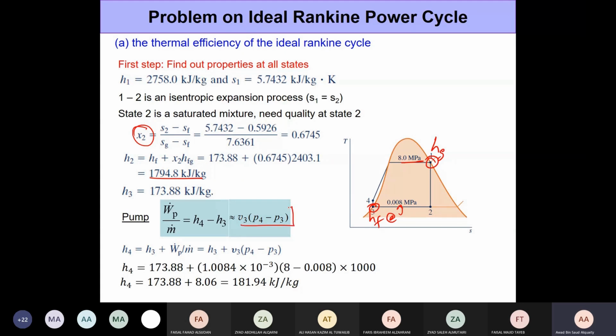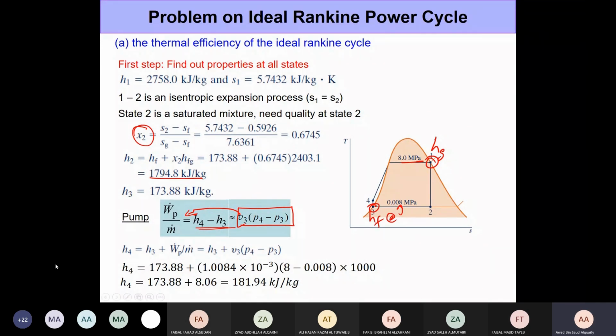So we made use of the reversible work input formula for an open system, and we equated this to the pump work input, which is basically equal to the difference in the enthalpies. This is how we found it. This is a very simple trick that we need to determine H4. It is something that I like to ask in class tests or quizzes, so make sure you know how to get this pump work input, or the enthalpy at state 4.